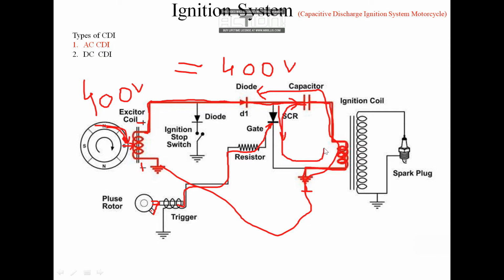Whenever it starts discharging, the primary winding of the ignition coil is excited and develops a high power magnetic field, which is responsible for inducing a high voltage in the secondary winding. That secondary winding voltage is applied across the spark plug in order to jump an arc. So in this way your arc gets generated.